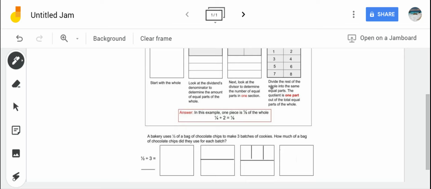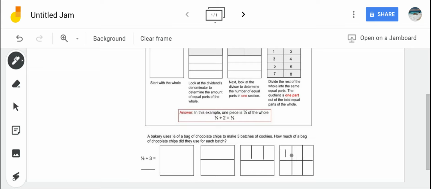The last step is to divide the rest of the whole into the same equal parts. The quotient is 1 part out of the total equal parts of the whole. So I'm going to divide it in half again. And this time I'm going to do both sides into 3 equal parts. And there are my very close to each other 3 equal parts.